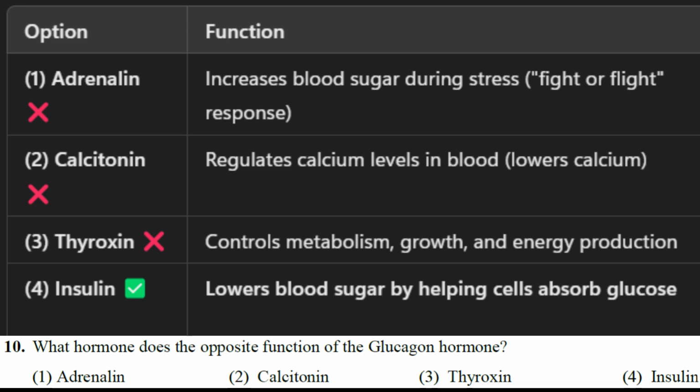And calcitonin regulates the calcium levels in our blood by lowering the amount of calcium. So now, we can get insulin, option number 4, as the answer for question number 10.